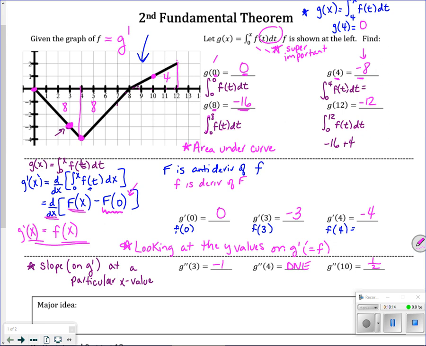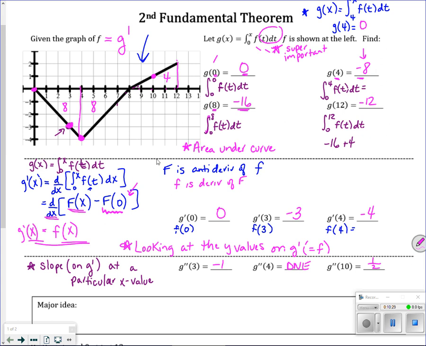Now, I'm going to be honest with you. This is super popular on AP, because, oh heavens to Betsy, look what we can do. We can combine 2 units. Sweet friends, they can ask you about second fundamental, which were these problems.